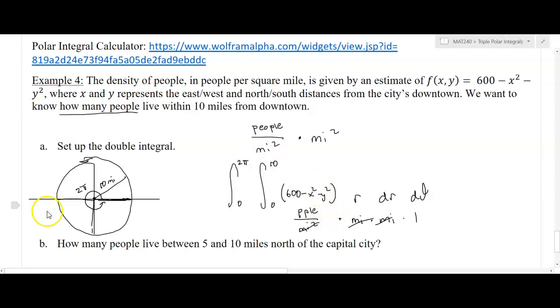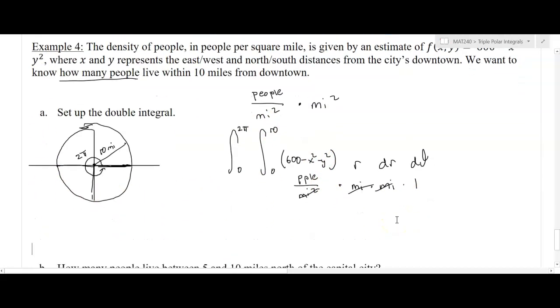Before we complete this integral, however, the thing that we have to remember is that we can't have x and y in here. We have to get everything in terms of r and theta. So I could just replace x with r cosine theta and replace y with r sine theta, and we'd be good.